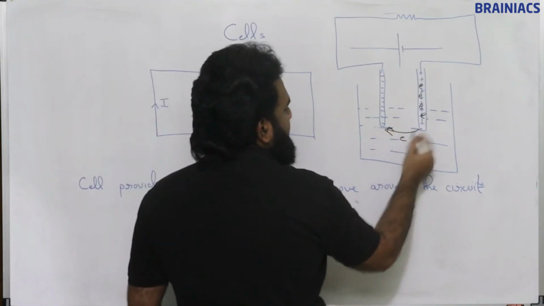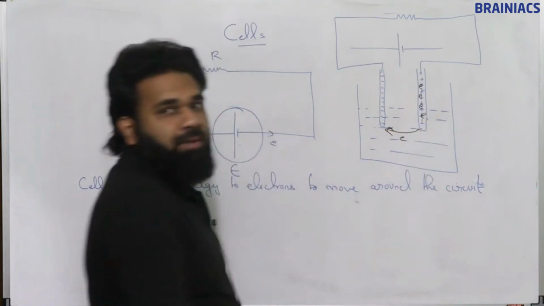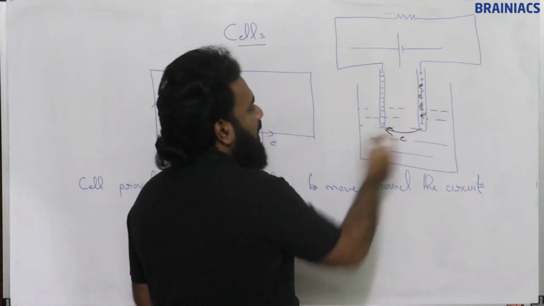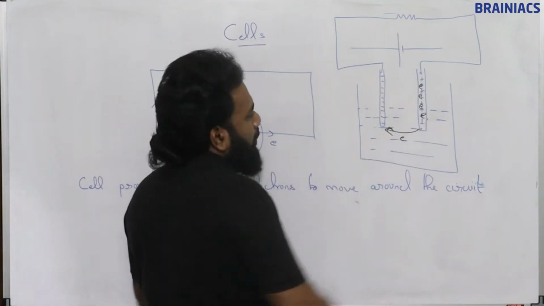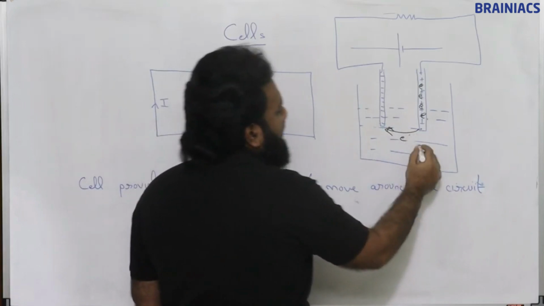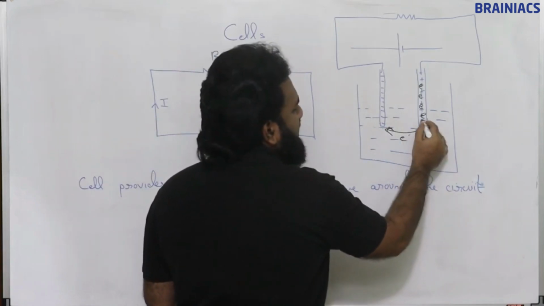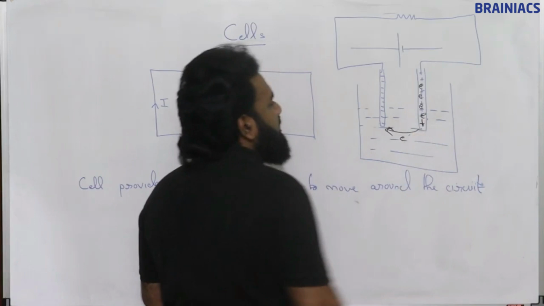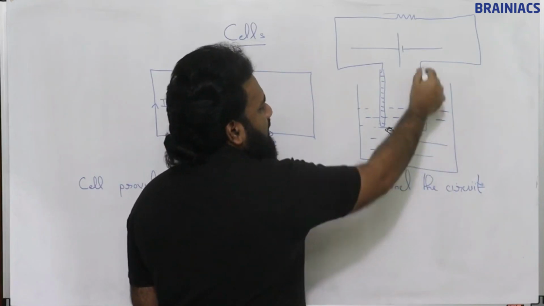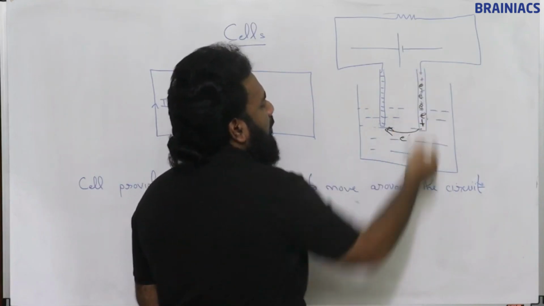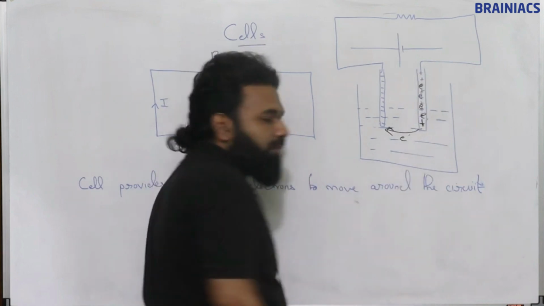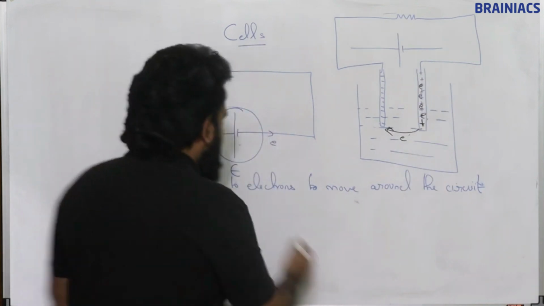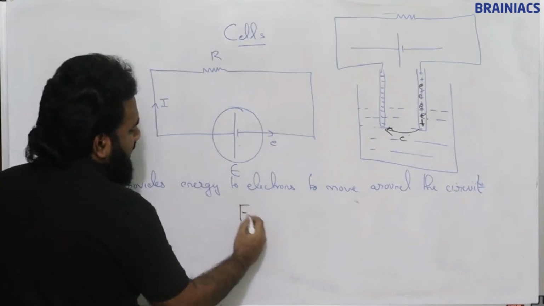Electrons are negatively charged particles, and this terminal is also negatively charged. So between these electrons and the positively charged electrode, there will be a force of attraction, which is nothing but electrostatic force.